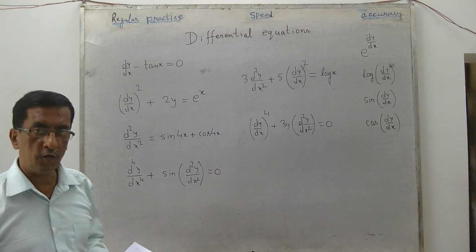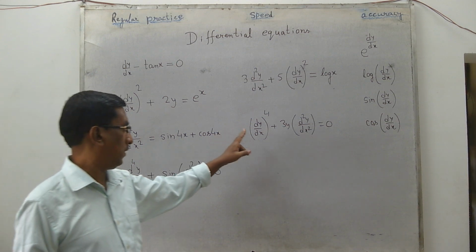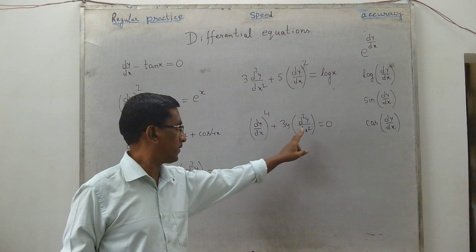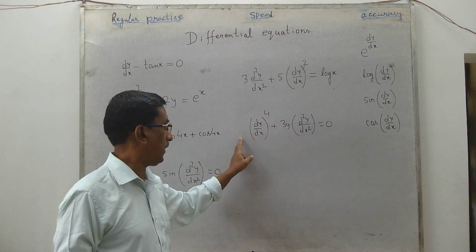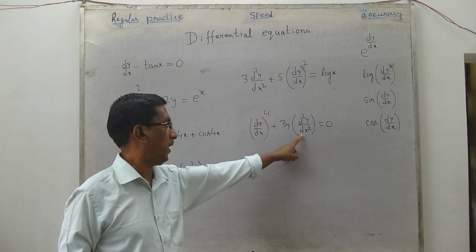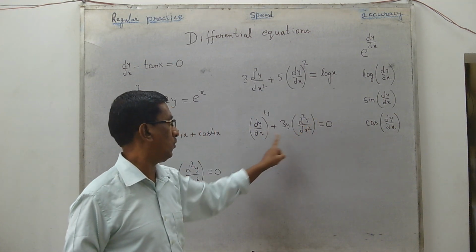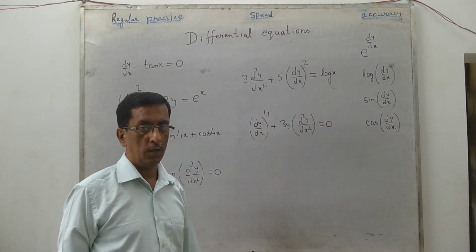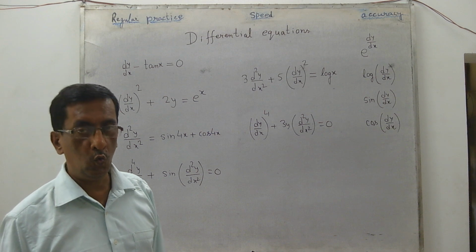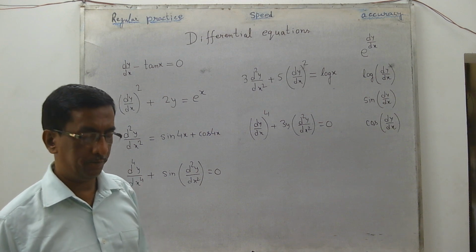This is the differential equation, first order, second order. So the highest order is this and the power of this highest order is 1. So this equation is of order 2 and degree 1.